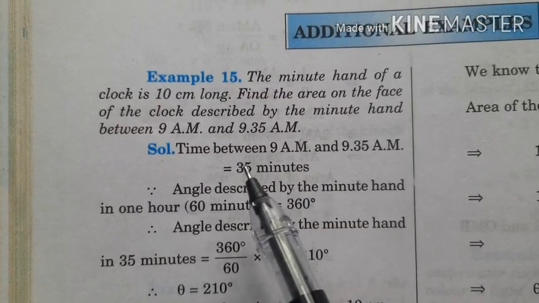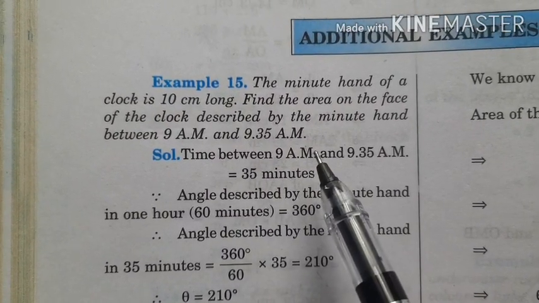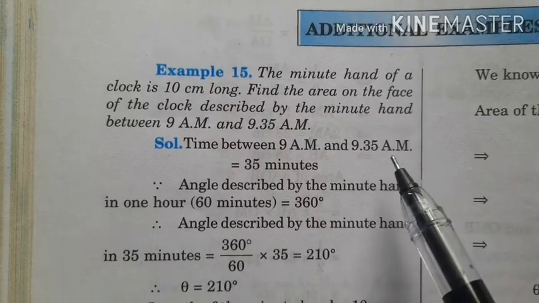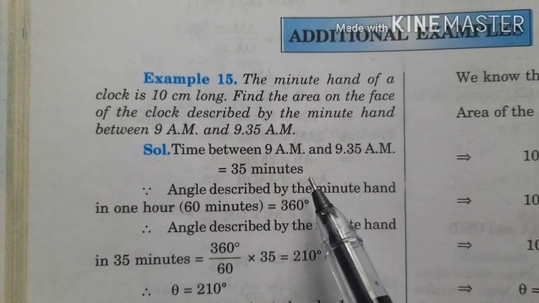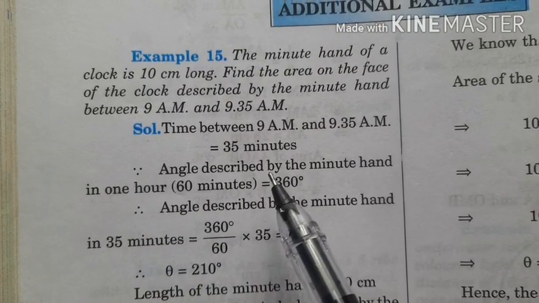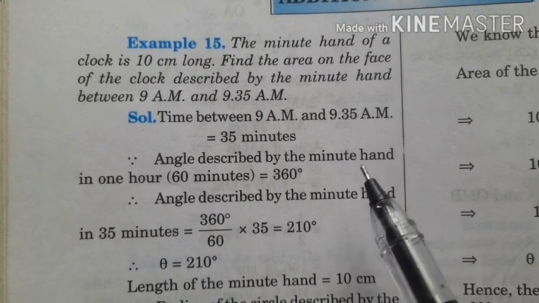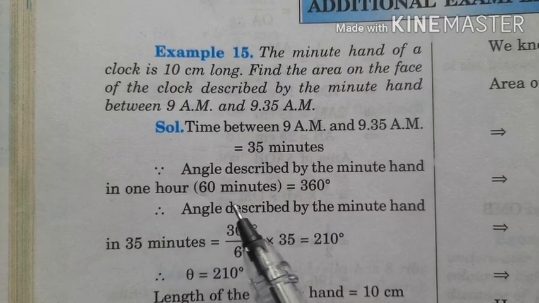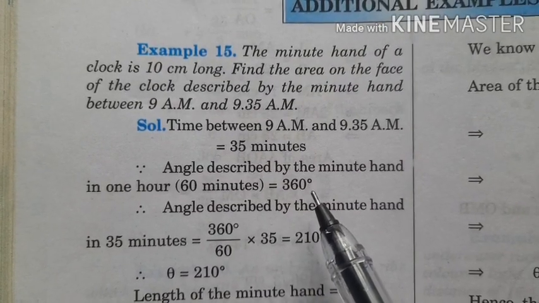Let us analyze the question. The time between 9 a.m. and 9:35 a.m. is 35 minutes. Now the angle described by the minute hand in 1 hour, which means in 60 minutes, is 360 degrees.